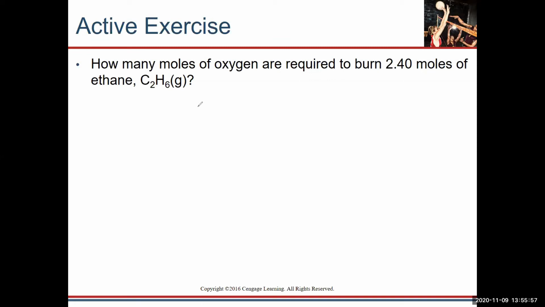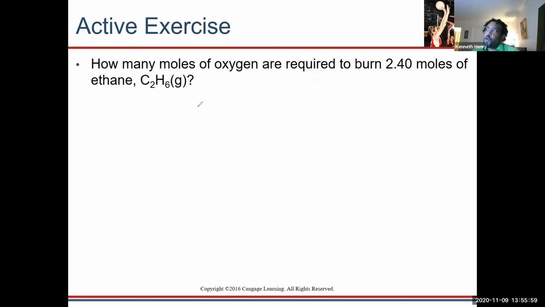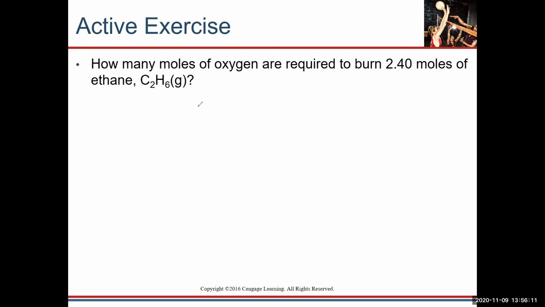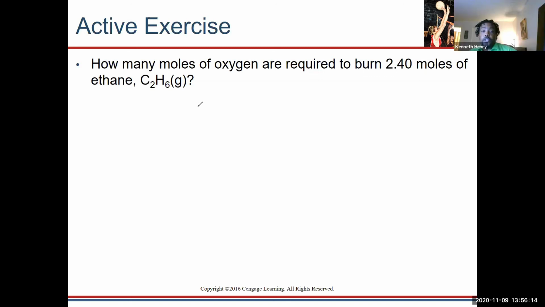It says, how many moles of oxygen are required to burn 2.40 moles of ethane, C2H6? Didn't we just talk about burning stuff? Burn, baby, burn. So what was the chemical equation for burning? What type of equation? Combustion.